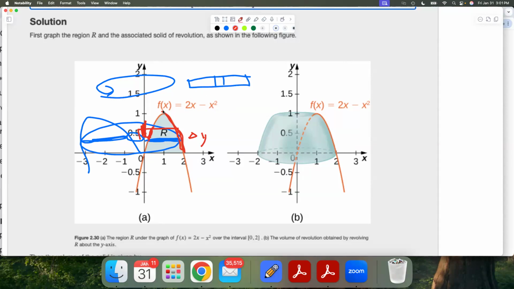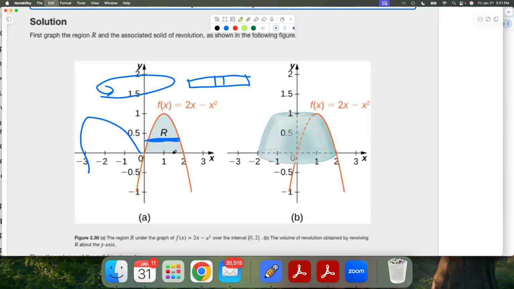I would need to somehow write this side of the curve as a function of y, and this side of the curve as a different function of y. So you would have to try to find the inverse of this, but it's not invertible. So you would have to, okay, well, for x greater than 1, we would have this curve and write that as x equals some function of y for both this red side and this green side. Is it possible? Probably, but it'd be a lot of work.